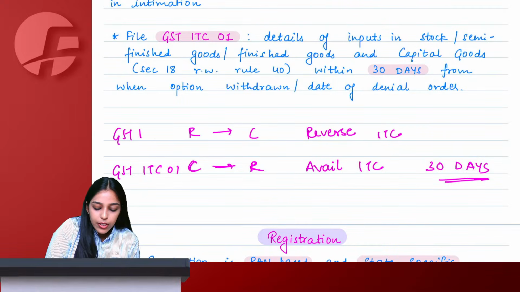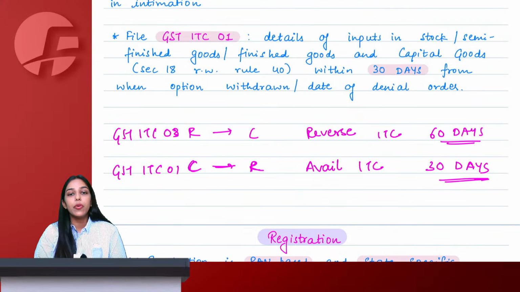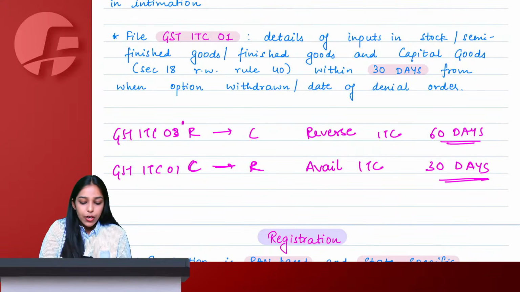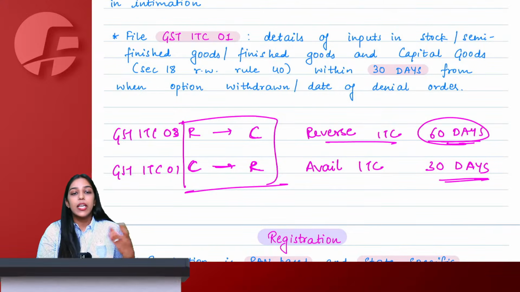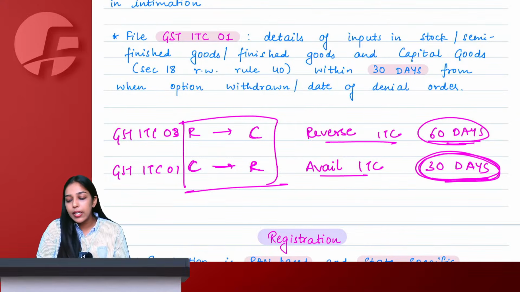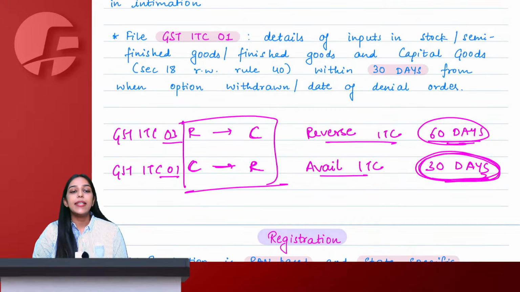Here I have to file GST ITC 03, and I have 60 days time to reverse all the ITCs available with me with respect to input or capital goods. Say yes or no. So if I am converting from regular to compo, I reverse ITC within 60 days. If I am converting from compo to regular, I avail ITC within 30 days from the date of opting out of the composition scheme. And these are the form numbers which you are not required to remember, only for knowledge purposes: ITC 03 and ITC 01.